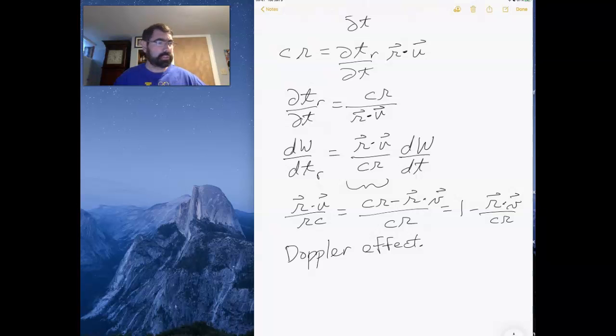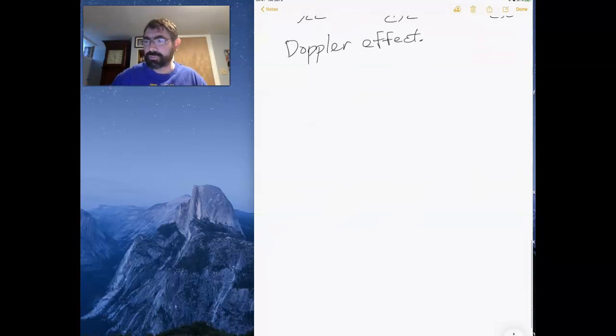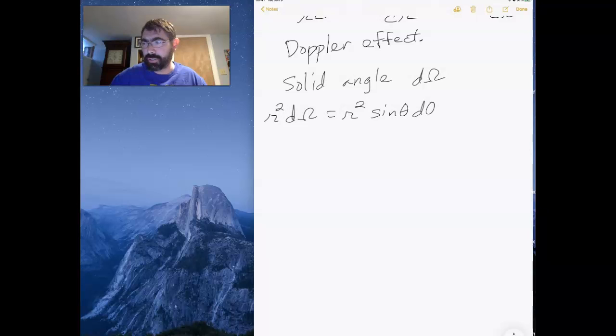So the next thing I can do is consider how much power I'm capturing over a solid angle, d omega. So r squared d omega is r squared sine theta d theta d phi.